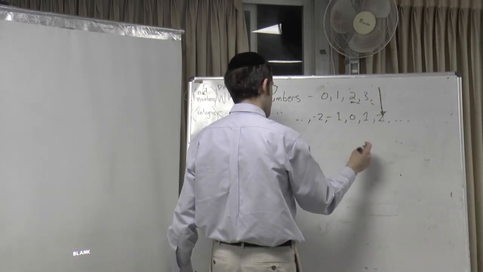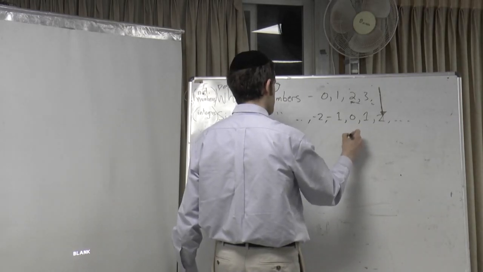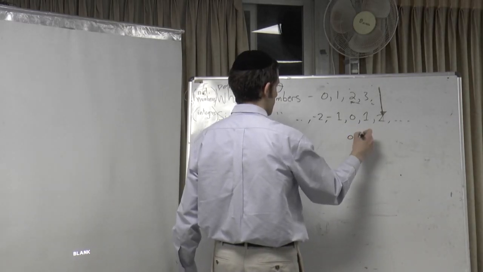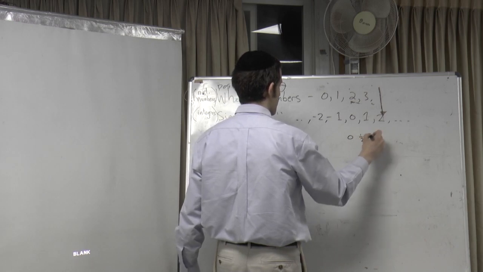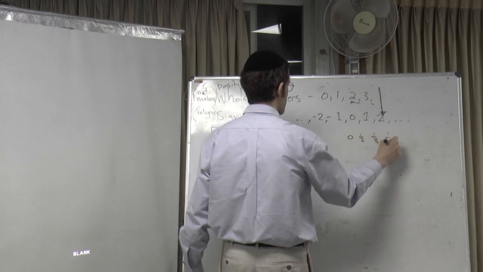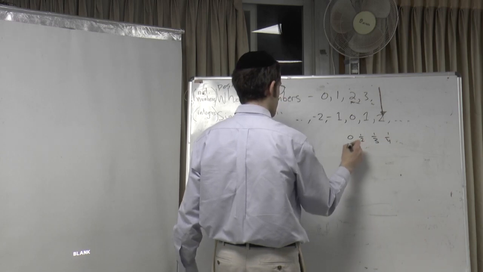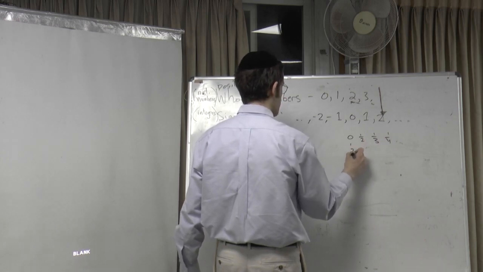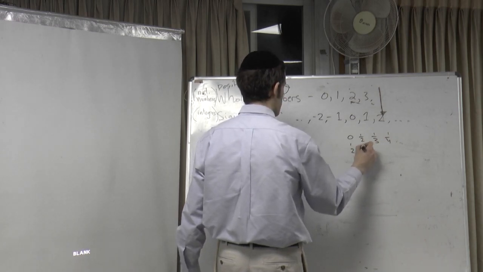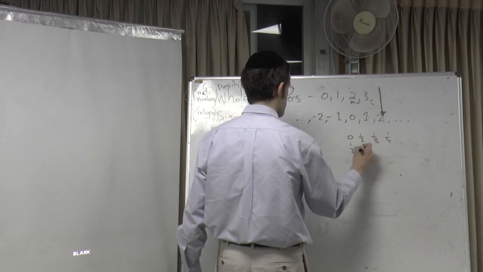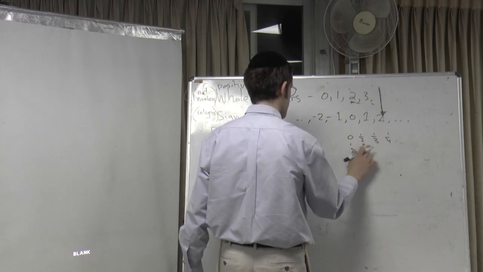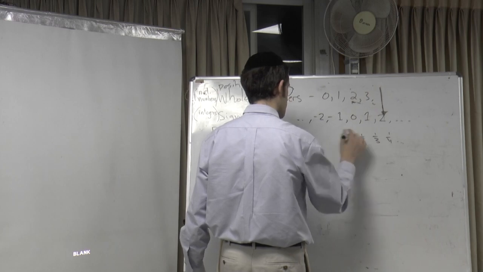It's a little bit harder to draw them because you have something like 0, and then A over B, where you have 1/2, 1/3, 1/4, and then you have 2 over 1, 2 over 2, which sums up to 1.